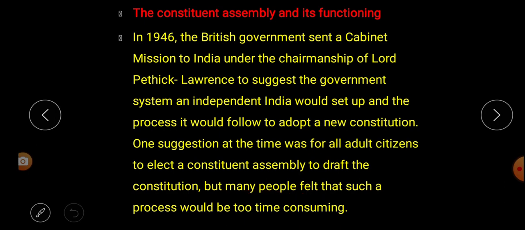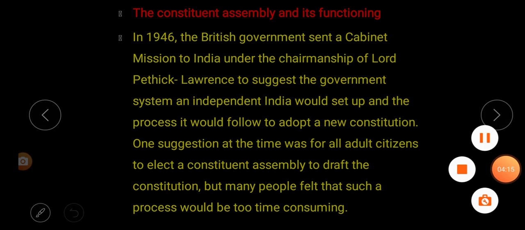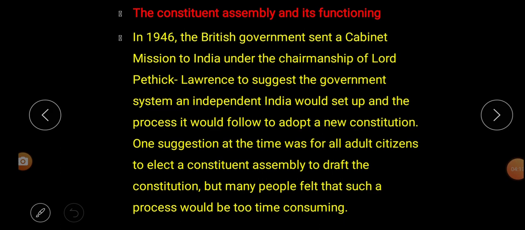So in this paragraph we learn that in 1946, the British government sent a cabinet mission to India under the chairmanship of Lord Patrick Lawrence. What was the reason? To suggest to independent India how to set up and establish a new constitution.